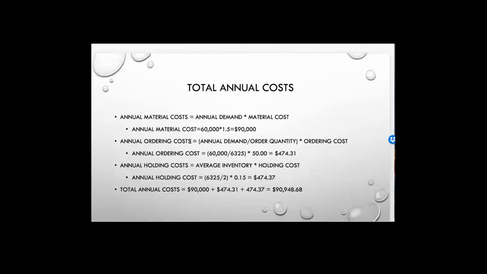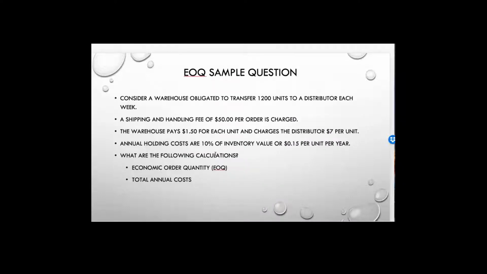You take that number and multiply it by our fixed setup costs, which are the costs per order that are fixed. In this instance, it was the shipping and handling, which is right here.